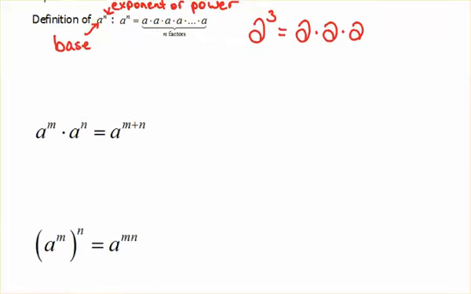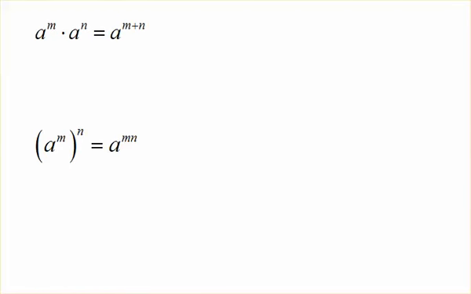Now there are some rules, and I want to show you why the rules are the way they are. Let's say we had 2 to the fifth times 2 to the third.